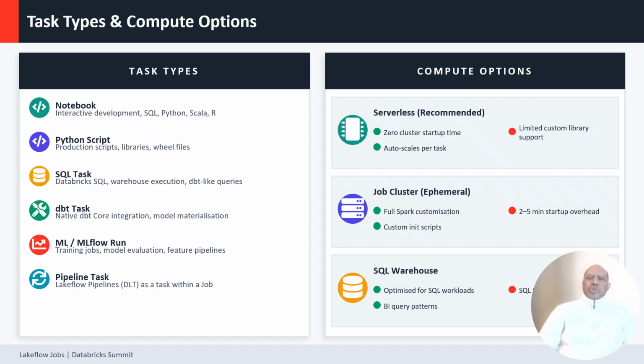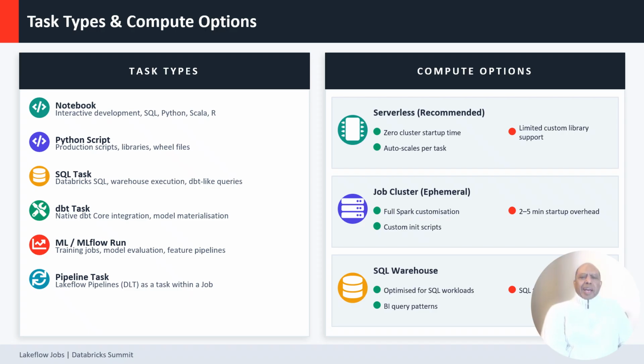Now is the time for task types and compute. On the left, task types, you have six options: notebooks, Python scripts, SQL tasks, dbt, machine learning or ML and MLflow, and pipeline tasks.